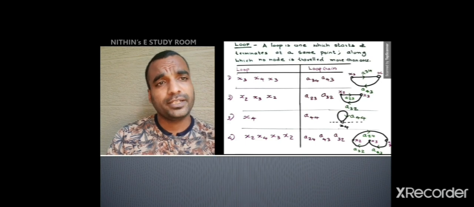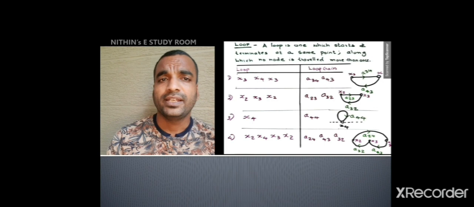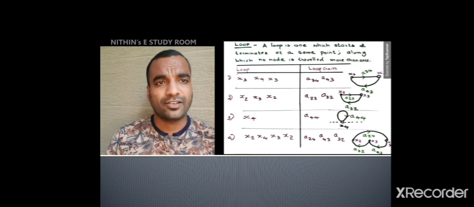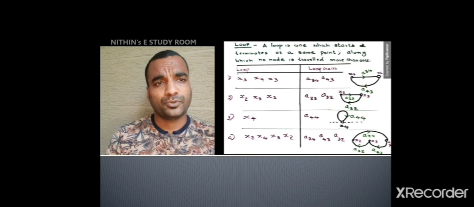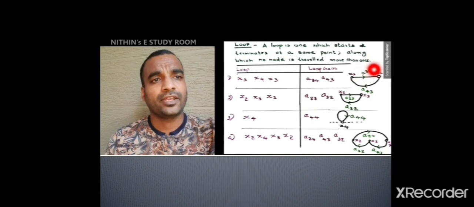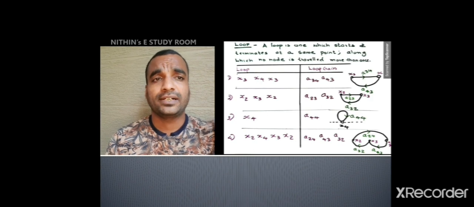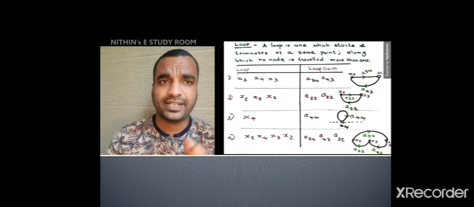For example, in a problem, the gain value will not be like A34, A43. It will be some numerical values like 5, 10, etc. So suppose in this case A34 is given as 5 and A43 is given as 2. What will be the loop gain of that particular path? The path name is the same, x3, x4, x3.